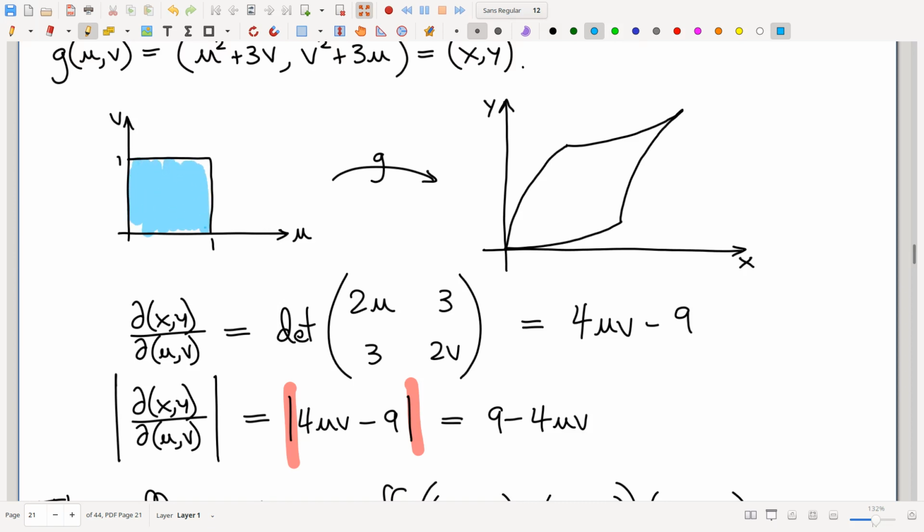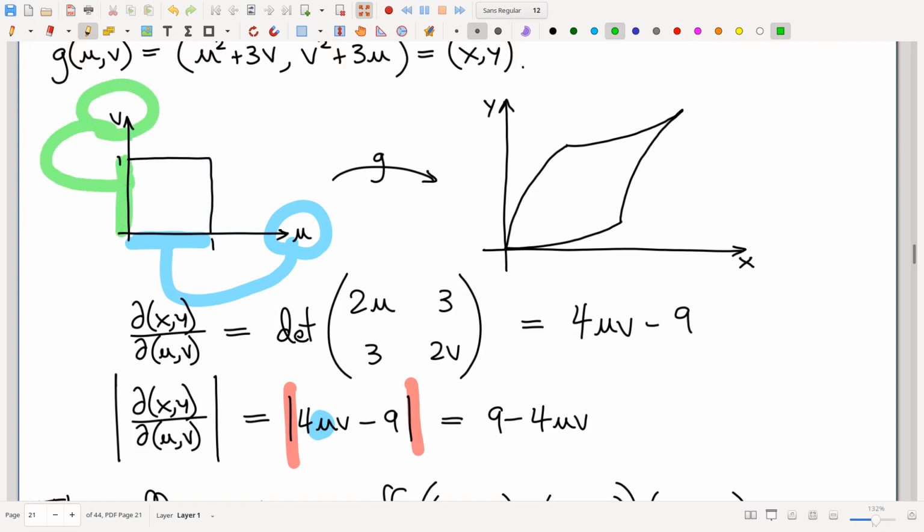U and v range over my new domain. These are the only values of u and v I care about. And I can see right there from the domain that u is always between 0 and 1. So that u right there, always between 0 and 1. Likewise, this v right here, also always between 0 and 1.